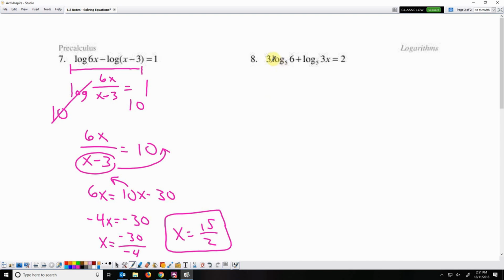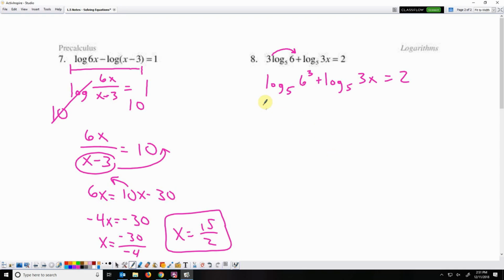Okay, on number 8, first thing I need to do is move that over there as an exponent. So log base 5 of 6 to the 3rd power plus log base 5, 3x equals 2.